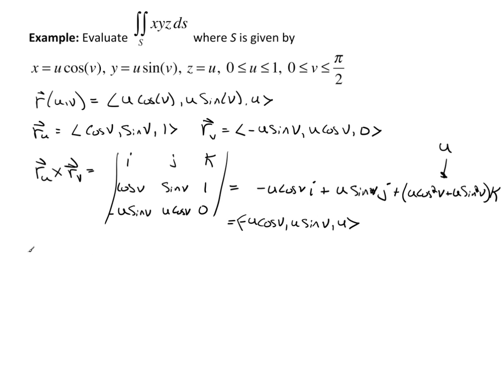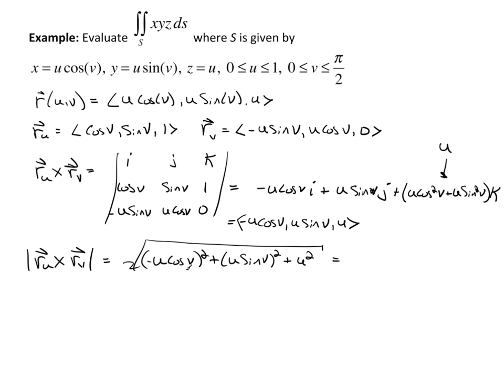The magnitude of r_u cross r_v is going to be equal to the square root of negative u cosine v squared plus u sine v squared plus u squared.